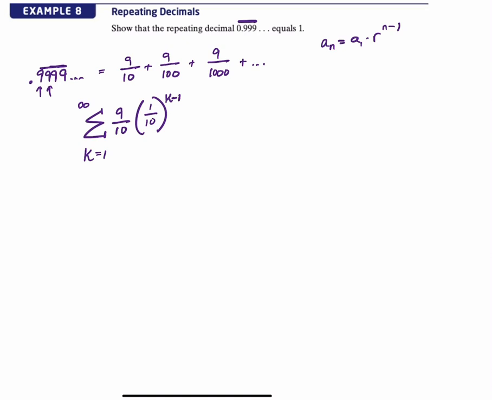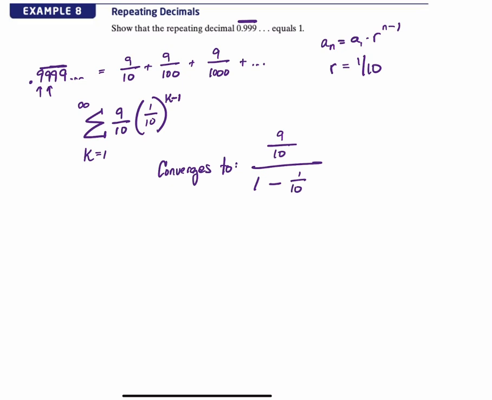Well, we have an r value of 1/10, so it is a fraction, which means this series should converge to a specific value. So it will be our first term, a sub 1, which is 9 over 10, over 1 minus our common ratio.